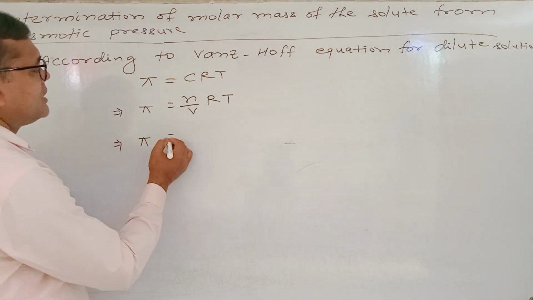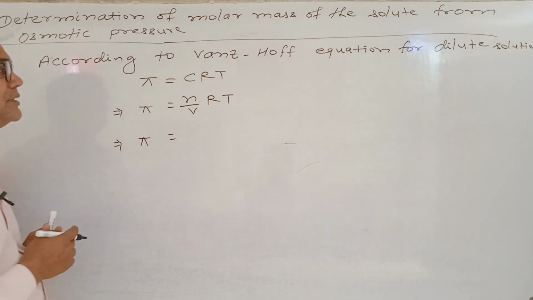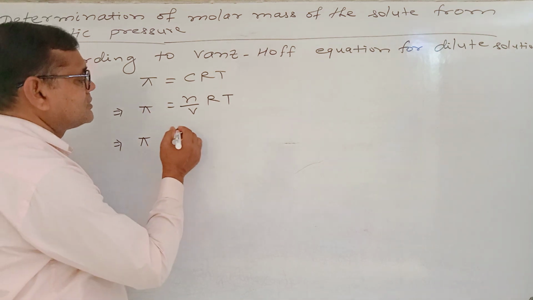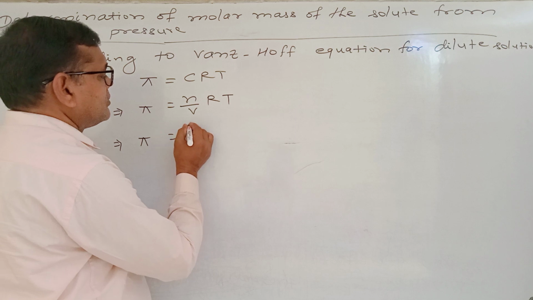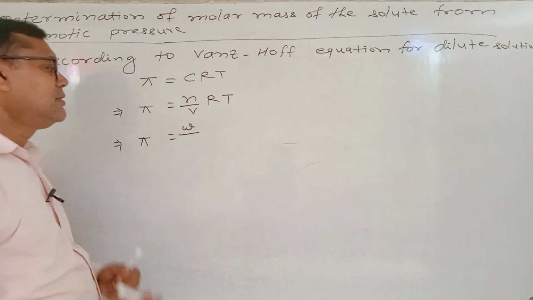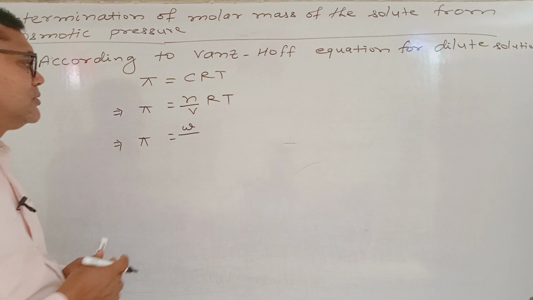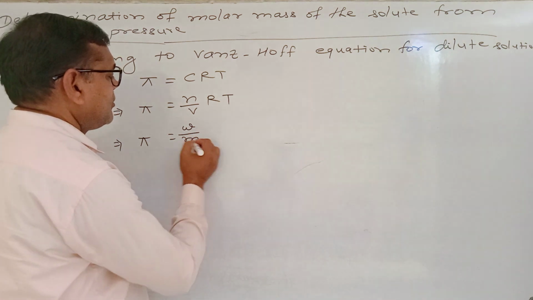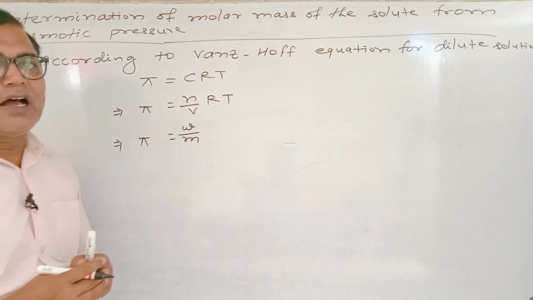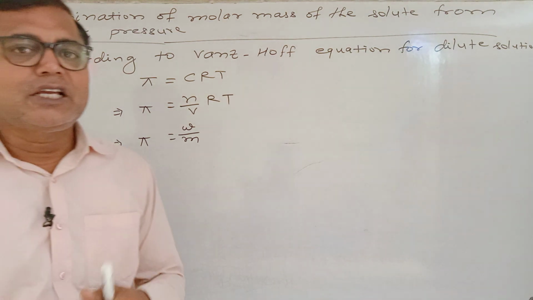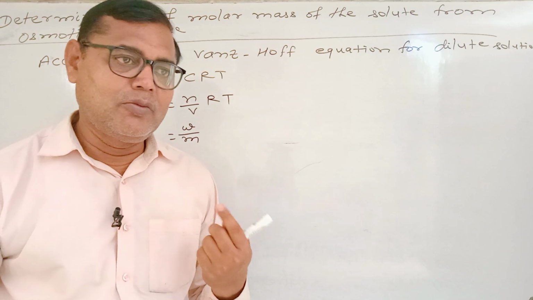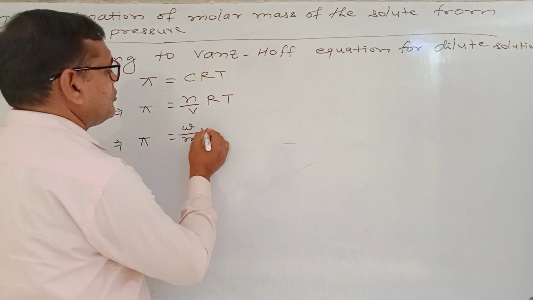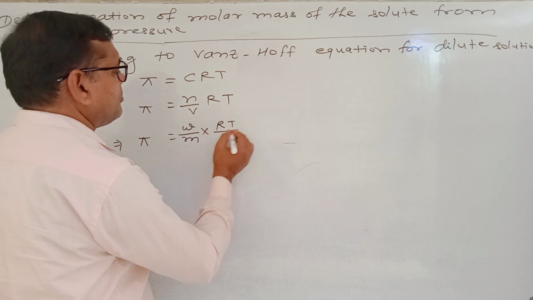Now we convert n into mass upon molar mass. W indicates mass or weight of the solute, and small m indicates molar mass or molecular mass or molecular weight of the solute, into RT upon V.